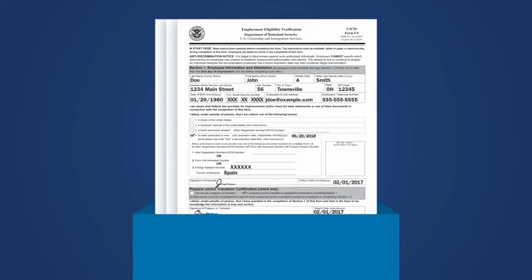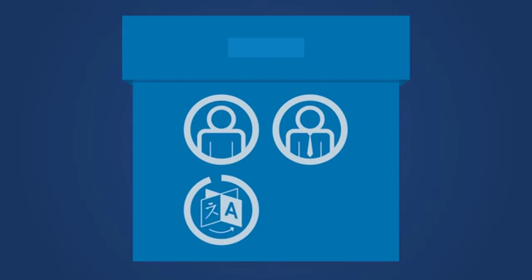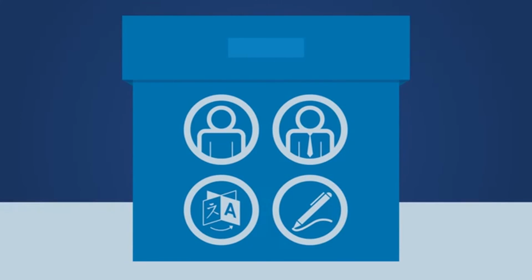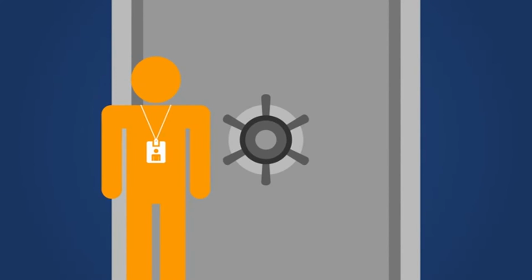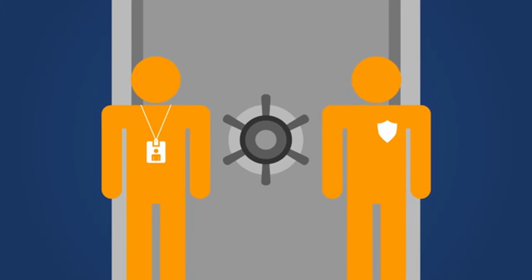Employers are also required to store Form I-9 pages that contain employee or employer information, as well as related preparer or translator information and signatures. Employers should ensure that all forms and any documents are stored securely, so that only authorized personnel have access to them. Make sure they are easily retrievable in case you need to make them available for inspection by officials.